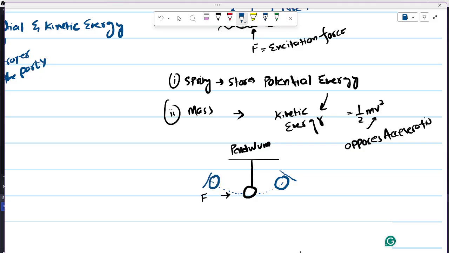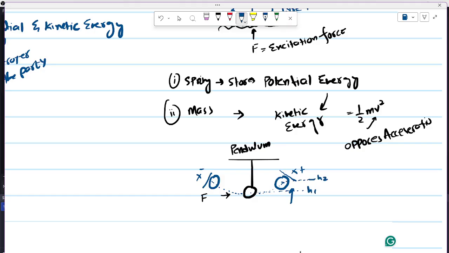So when the pendulum moves here and reaches this extreme position, let's call it x positive, and this one x negative, at both of these, for a fraction of time, the pendulum will stop. And because this was the original height of the pendulum, h1, now the height is this one, h2.